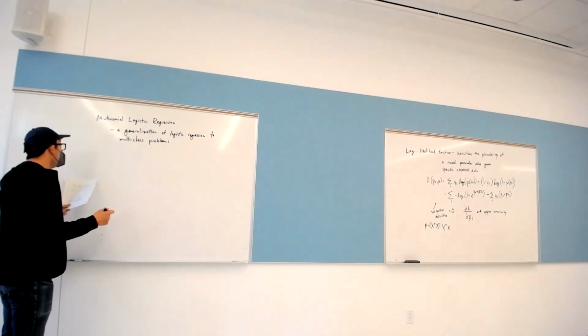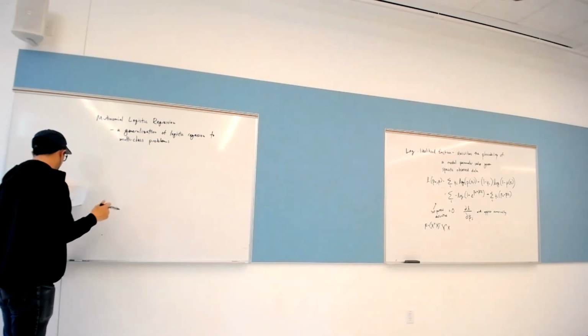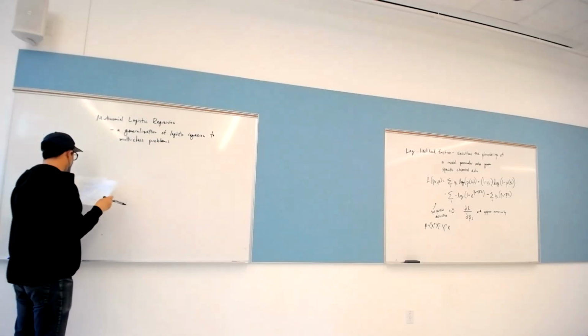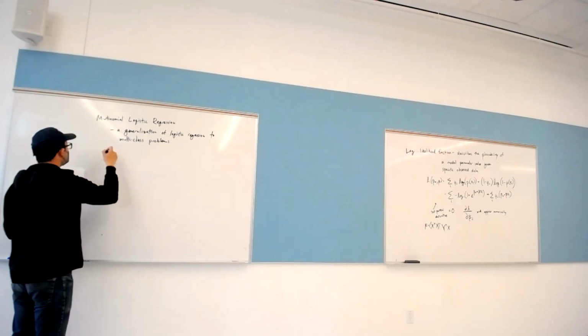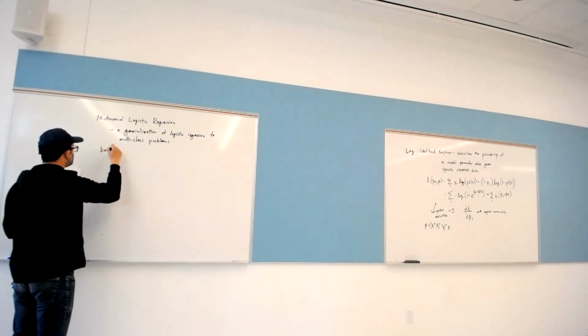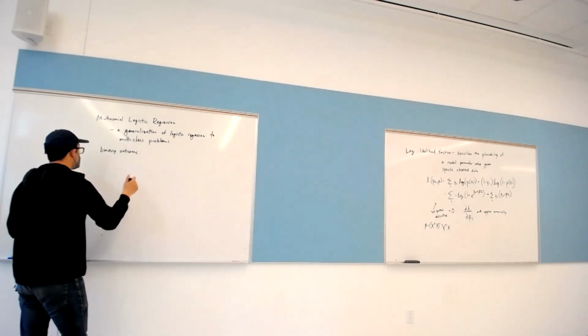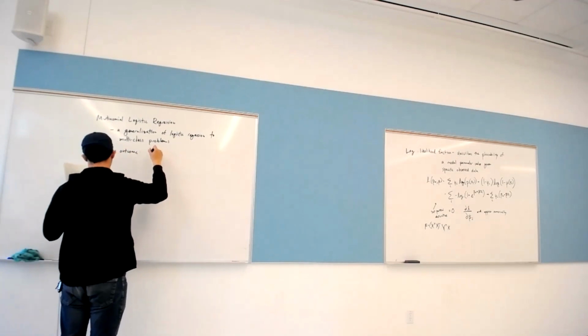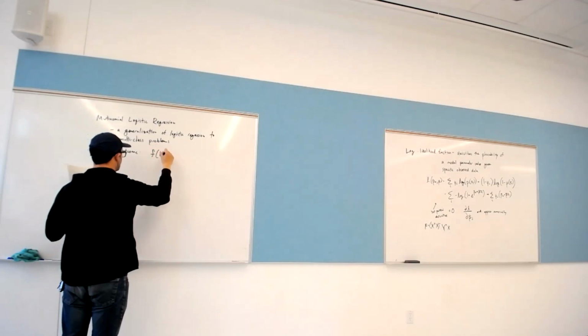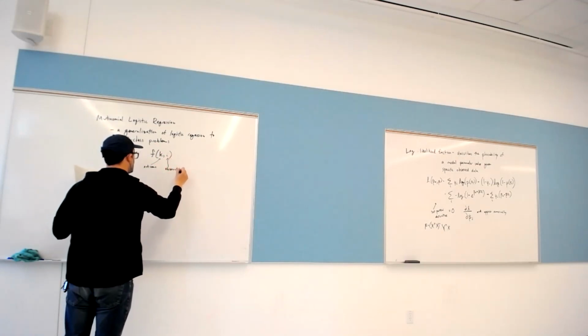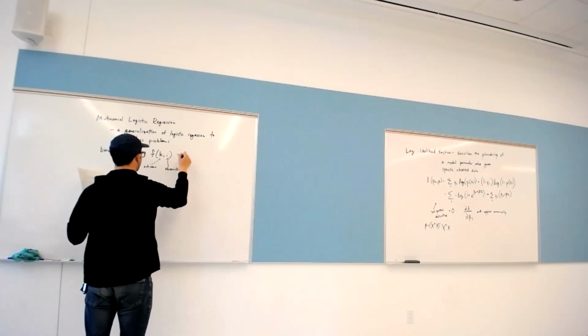Okay, so before, we have something like a binary outcome. And this might be something like f of k comma i, where k is our outcome and i is our observation. And that could be a function of some of your betas, right?